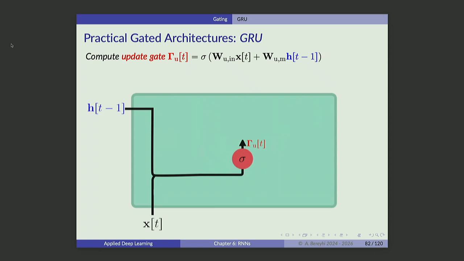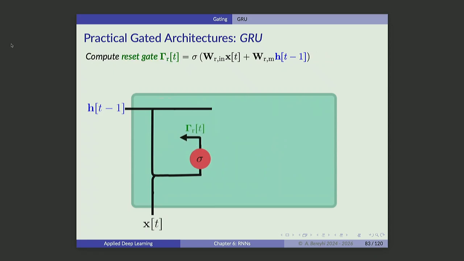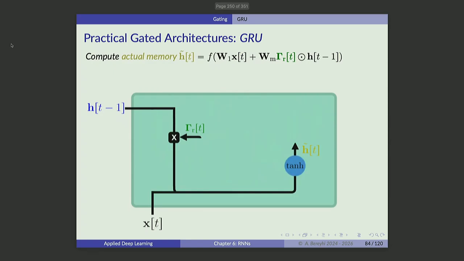The other gate, the reset gate, is the same thing: the same inputs come in, they have their own weights, they're added up and activated. It's your second gate. Next, you multiply this gate with your previous hidden state, add your input with its own weight, and then do the activation. This is the fresh memory you compute.